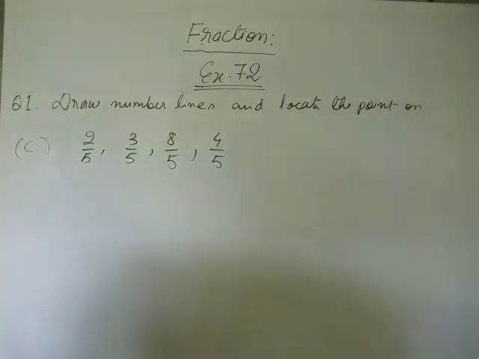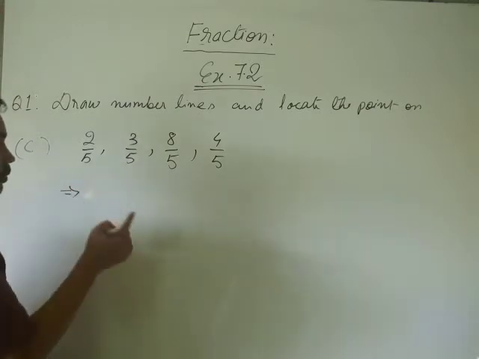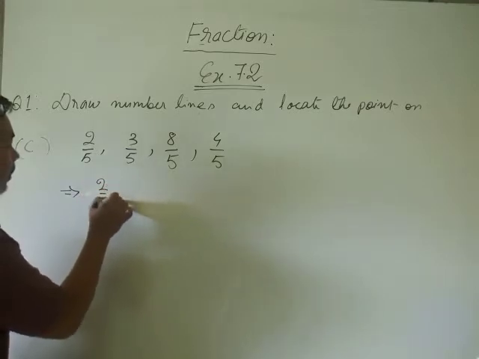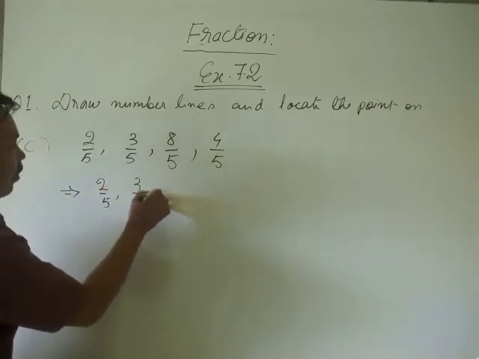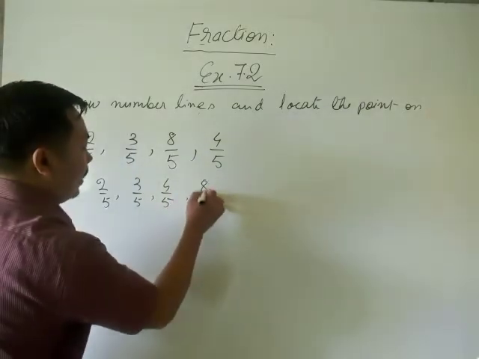My dear friend, I just want to rewrite this for better understanding: 2 by 5, 3 by 5, 4 by 5. These are all proper fractions, isn't it? These are all proper fractions and one is an improper fraction.